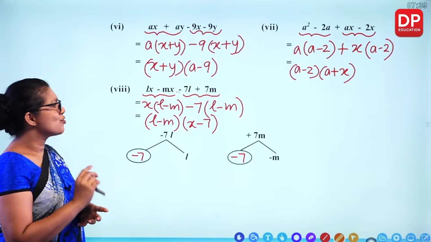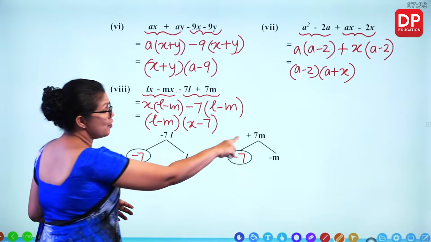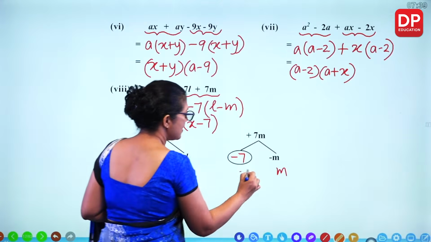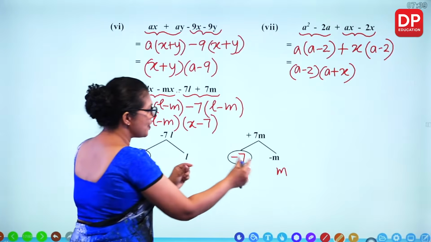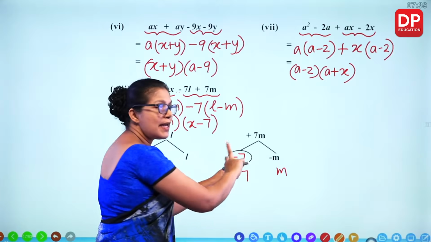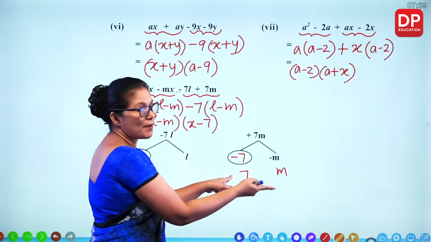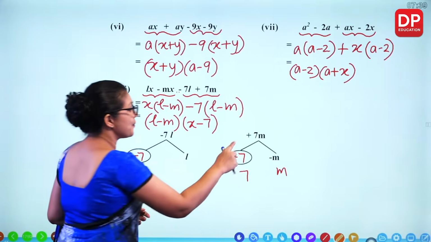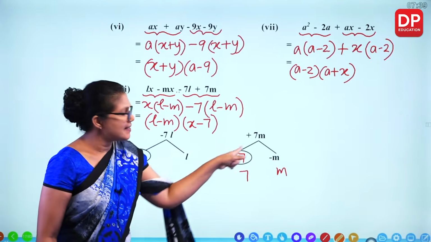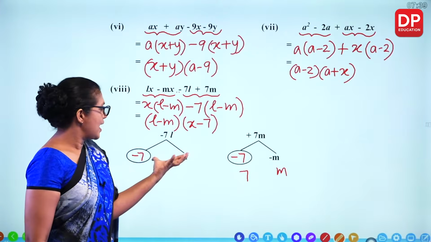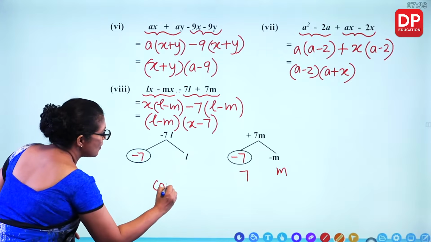So when you are asked to find the common factor, if you take just m and 7, you can't find the common factor. So you need to be tricky. To get plus, it can be both minus. If you take m, that's 7, positive into positive, positive. But to get the common factor there, you need to take minus m and minus 7. Then we can see minus 7 is common. So in this one, what's the common one?